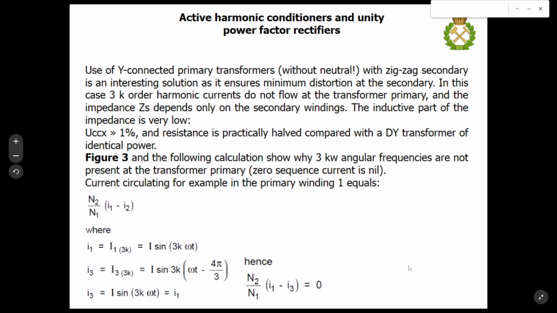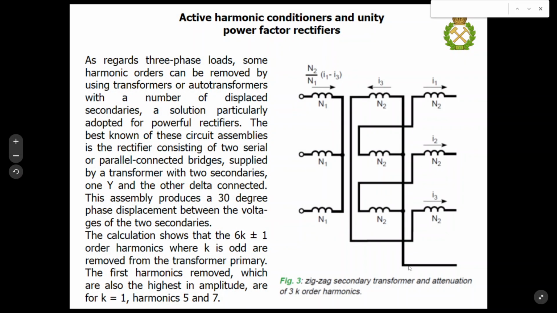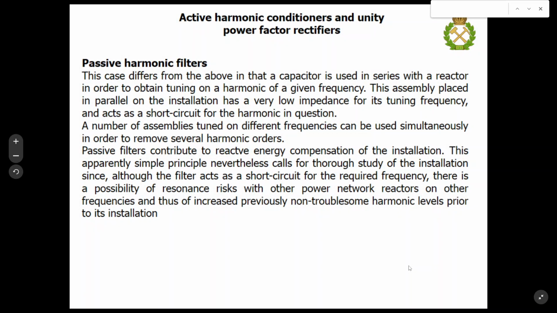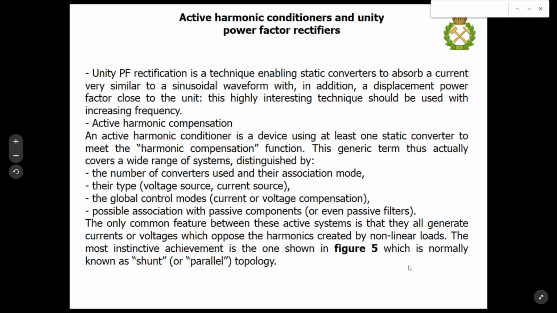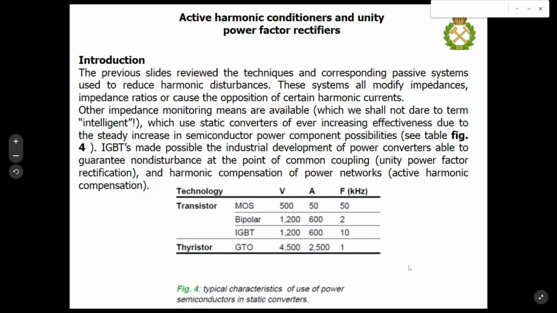And for example, we have active harmonic conditioners, such as active harmonic filters, which have been produced for about 30 years because of the typical characteristics of modern semiconductors in static converters, which gave us an opportunity to use such intelligent technologies in static converters to implement harmonic elimination technologies.